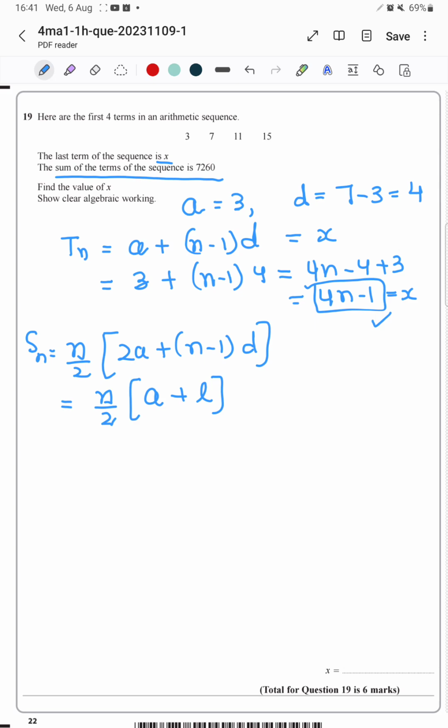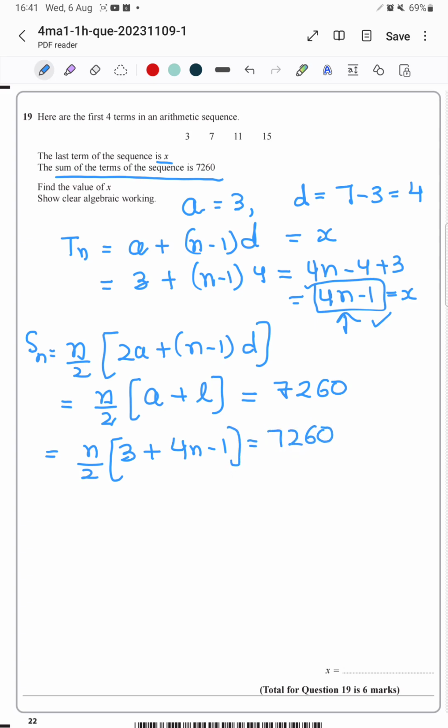And this is given as 7260. So n by 2, a we know is 3, and the last term we can also represent in the form of n. So that is 4n minus 1, and that is equal to 7260.